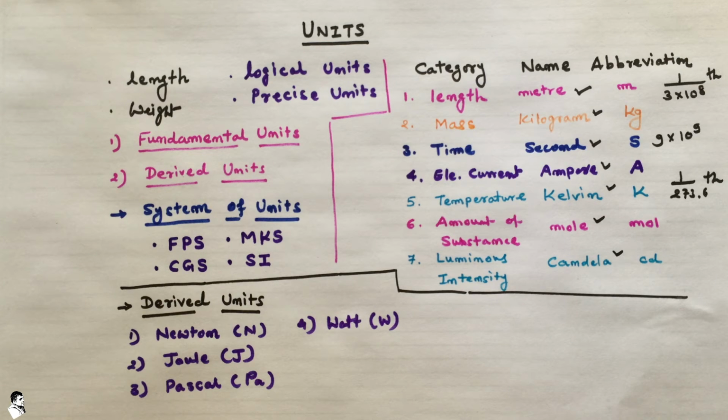Now, after getting the information about the fundamental units and the derived units, generally the units are fixed with some dimension, but it is also required to describe smaller measurements or larger measurements.